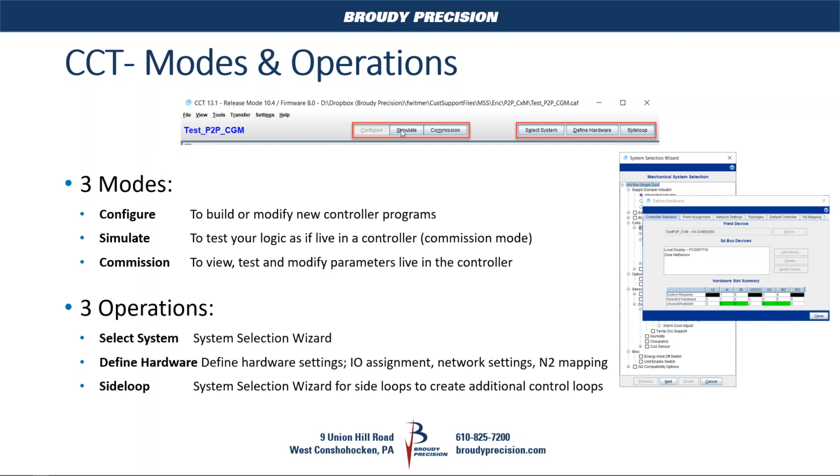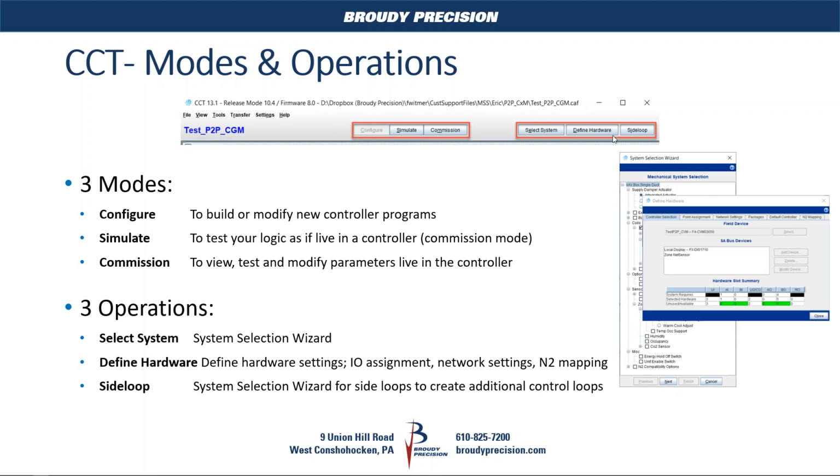Simulate, as it suggests, will allow you to simulate your application as if it's running in a live controller, basically like you would in a commission mode. And then that third mode, commission, will allow you to actually work with a live controller and see your application with live data to allow you to view it, test, and also modify the parameters live in the controller. So those are the three modes that you can work with within the tool.